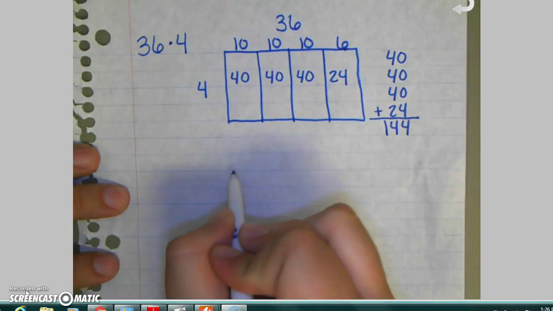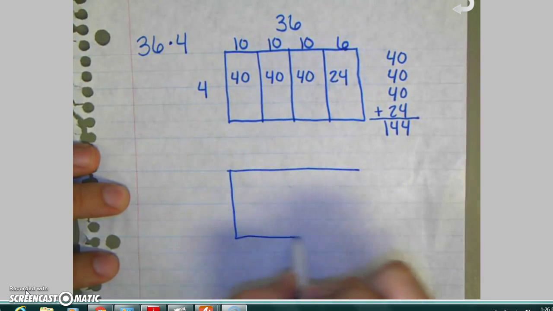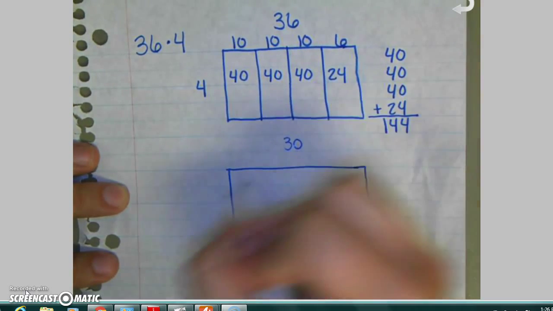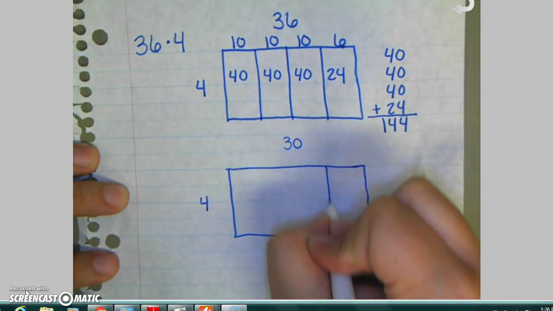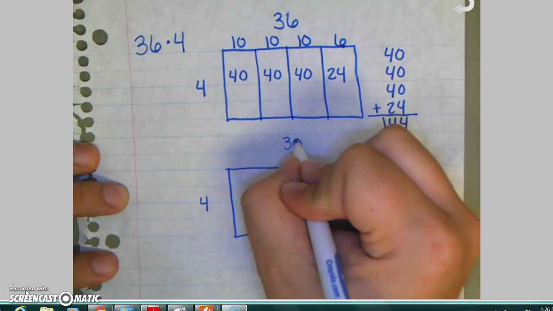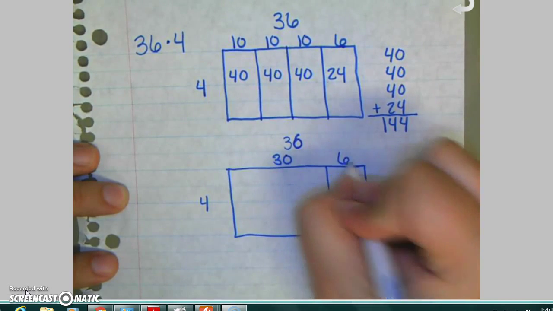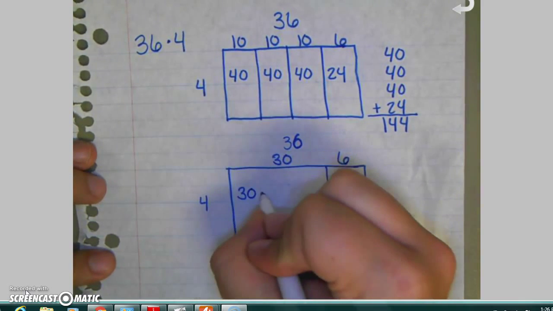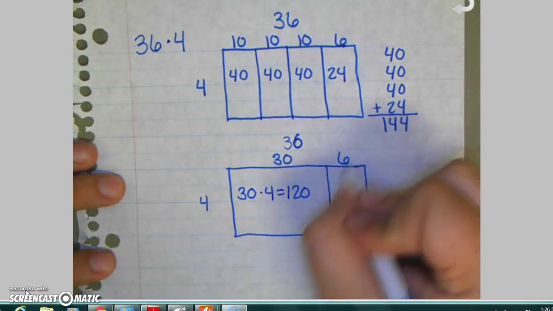Now you could combine some steps using the same area model. You could say, okay, I know 36 is 30 and 6. And here I know that 30 times 4 is 120.